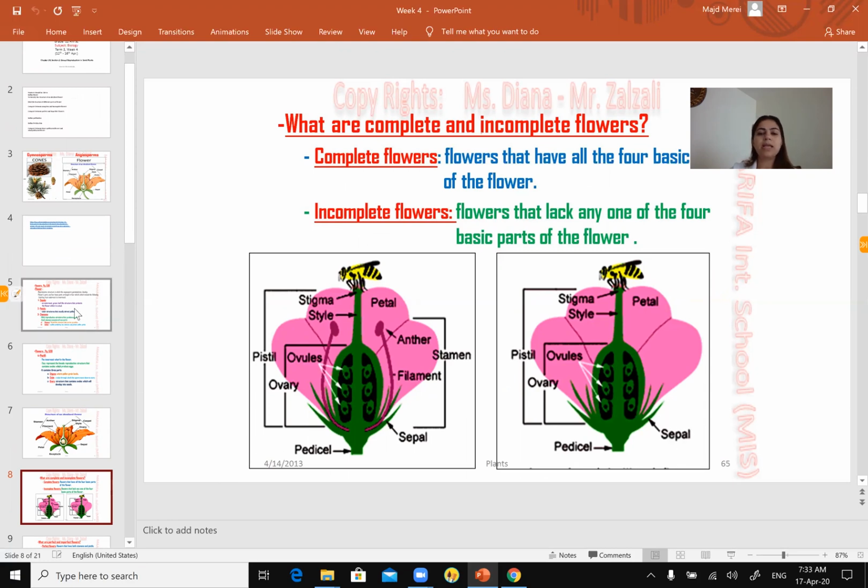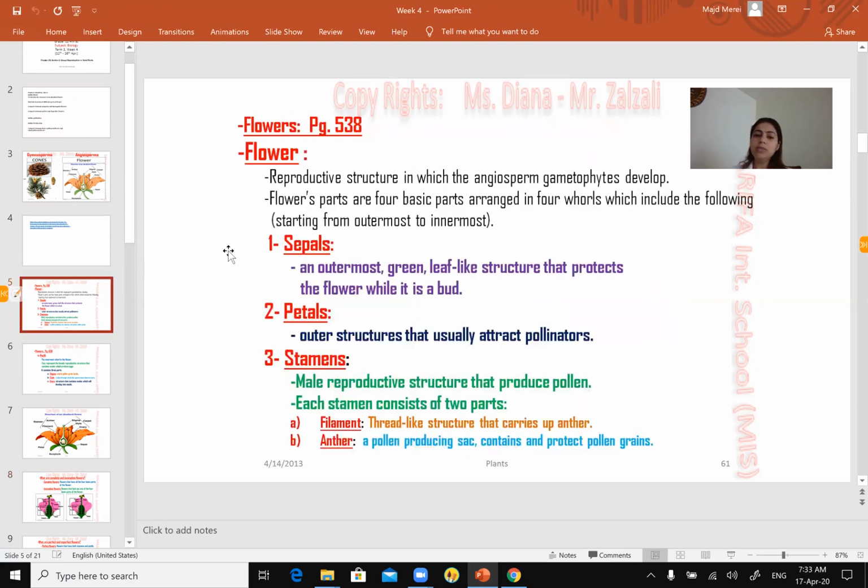Okay, the second part, the petals, are the outer structure that usually attracts pollinators. What are pollinators? Different agents, insects, birds that carry pollen.